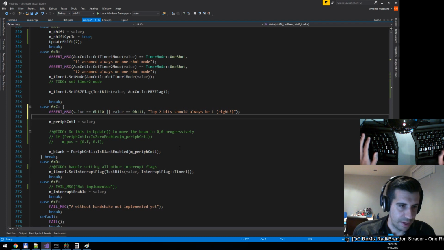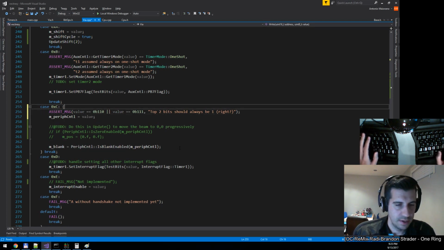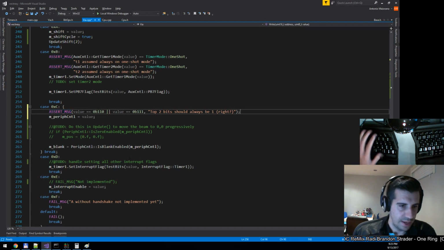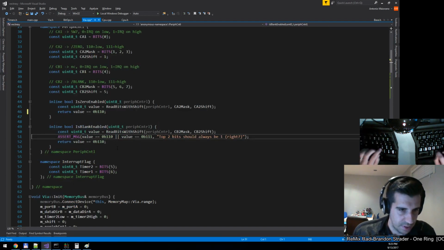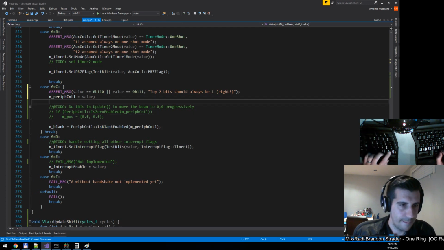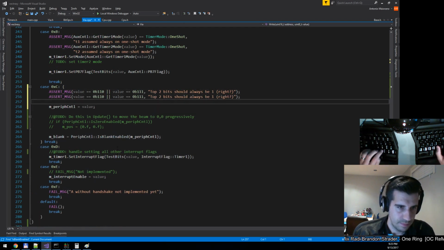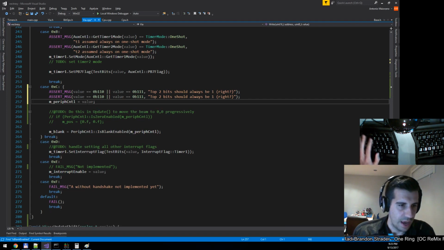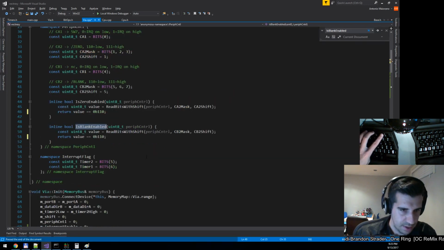I think that would make more sense. And same thing for isBlank enabled. I used to do that, but I need to read the bits with shift.